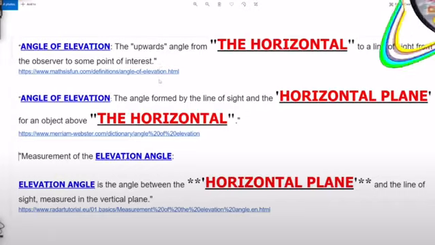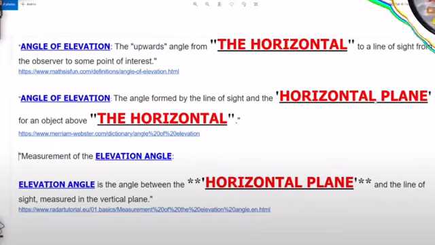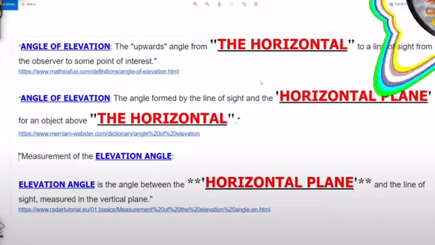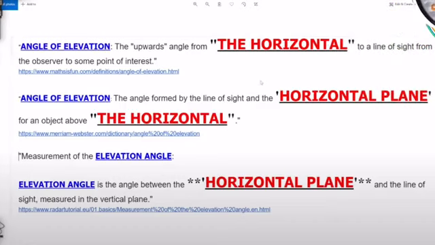From Merriam-Webster, angle of elevation: the angle formed by the line of sight and the horizontal plane. See this guy right here? Kablooey. You need a horizontal plane. You need a flat adjacent, or you're not getting an elevation angle. It's as simple as that.